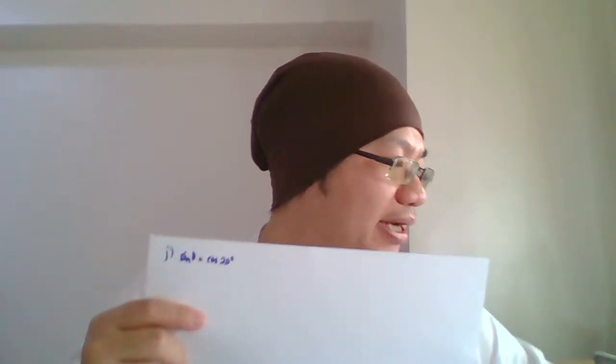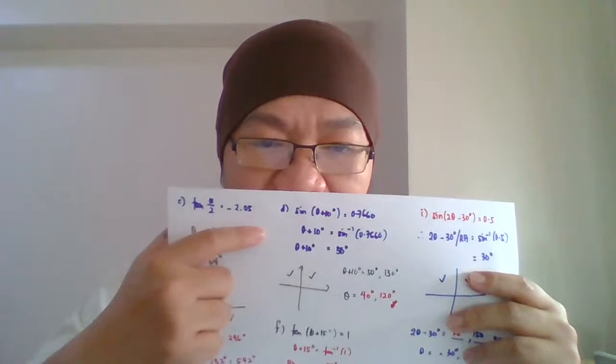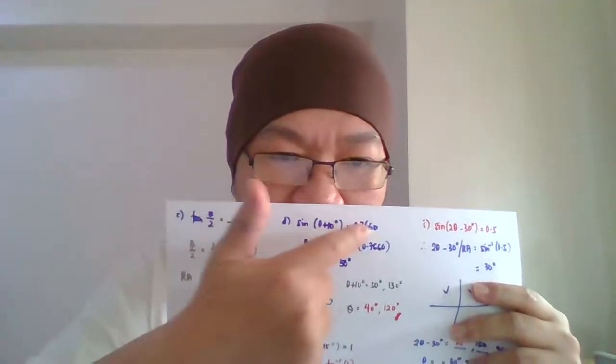So normally if you look at the previous soalan, tangent, sine, whatever theta equals to value. But this one, do we have a value here? Yes, we got value actually. Cos 20, how much the value? Tekan je calculator. Cos 20 sama dengan berapa? 0.9397.